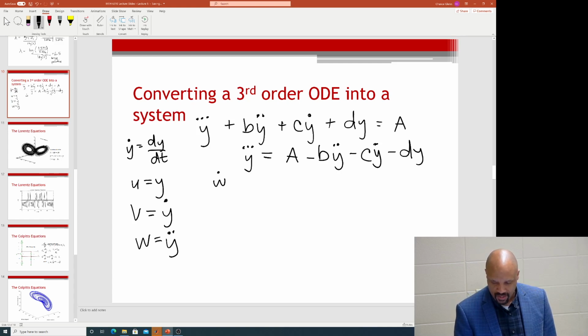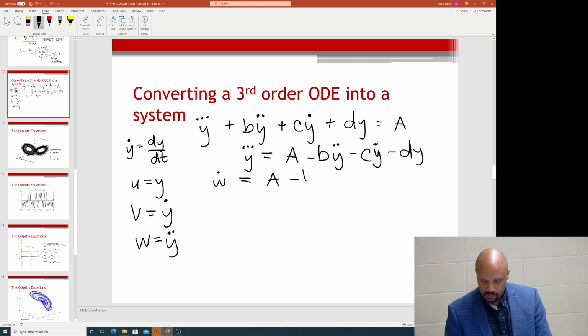So now you can say w dot is equal to a minus b times w minus c times v minus d u.